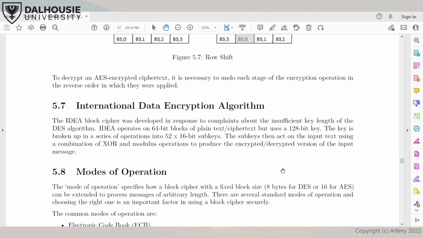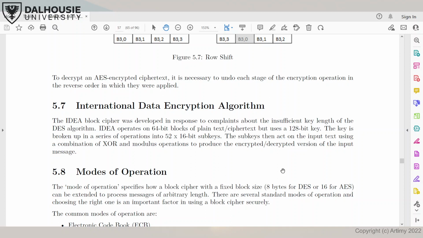But the US is not the only country that creates algorithms. Other people do algorithms as well and do cryptography. So the International Data Encryption Algorithm, or IDEA, also was developed to respond to the insufficient key length of DES.